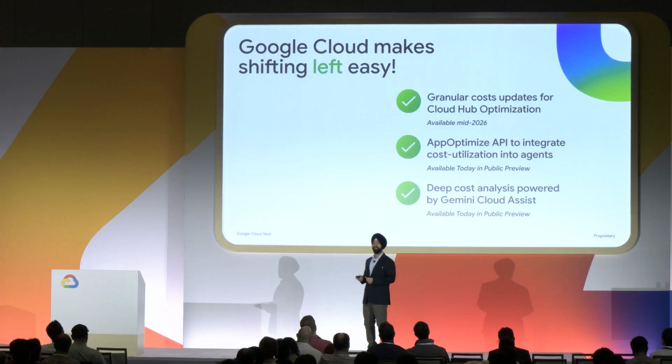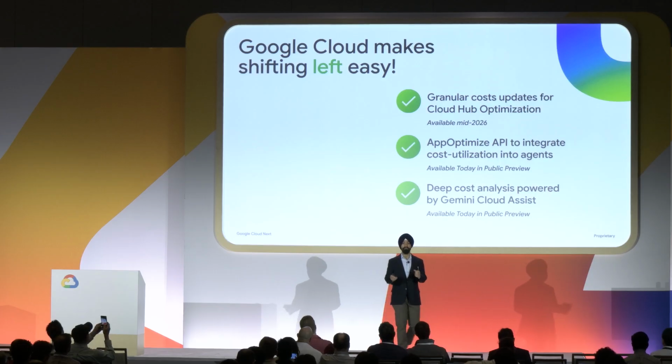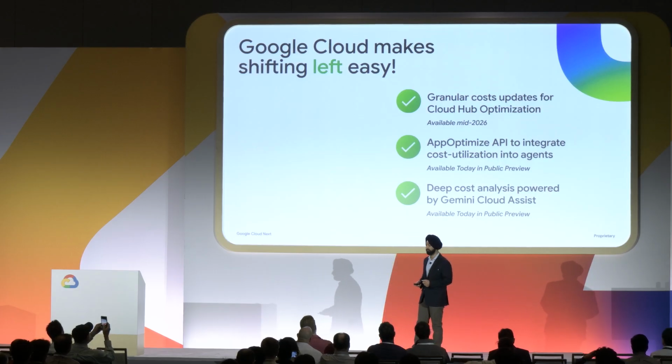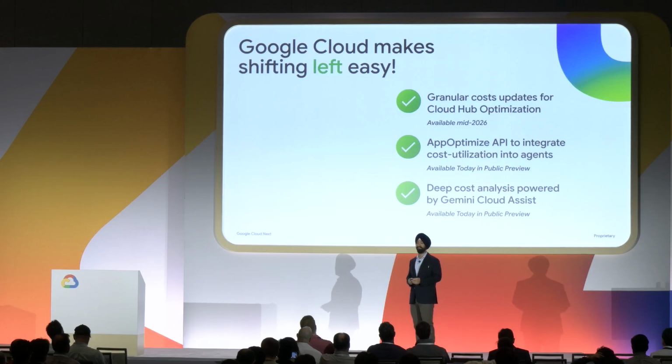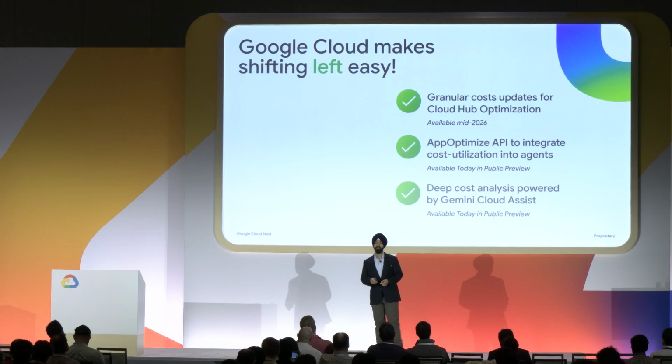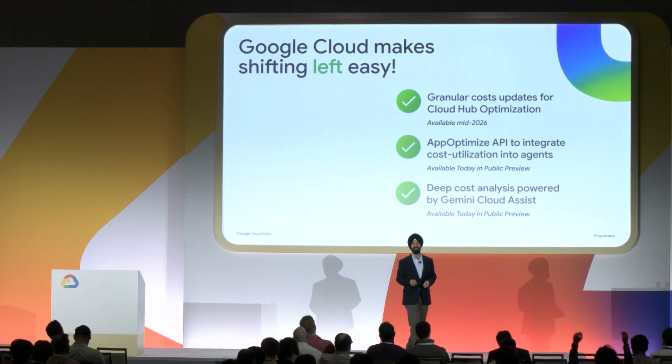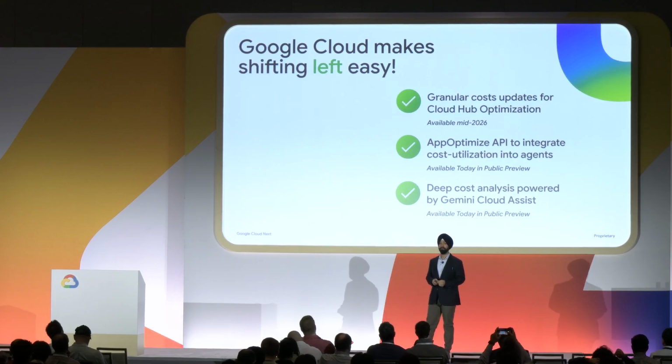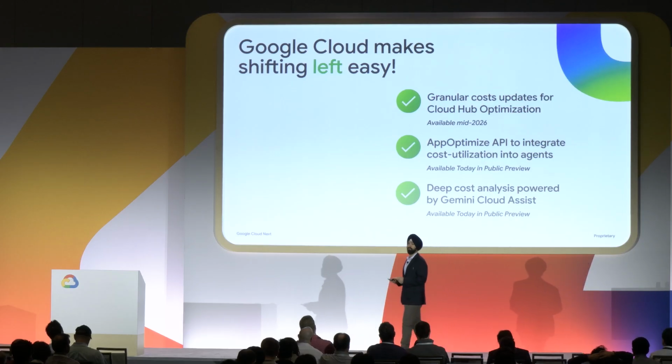We also launched an app optimized API for you to get your cost efficiency reports quickly and democratize that information to developers, and for you to be able to build agents out of it. And we also launched a Sidekick Gemini Cloud Assist agent that now helps you reason about your costs deeply and proactively notifies you about cost anomalies and the root causes. With these products, we hope that Google Cloud is the best place for you to be able to shift left on your cost optimization journey.